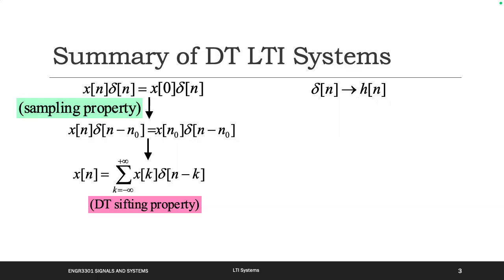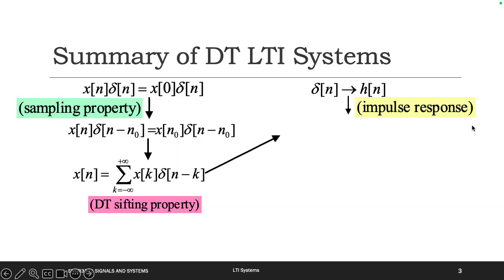This is just how the system responds to an impulse function, and based on this, we call it impulse response. Based on this and this, we have this equation. We prove why this equation works. And also, what's the name for this equation?